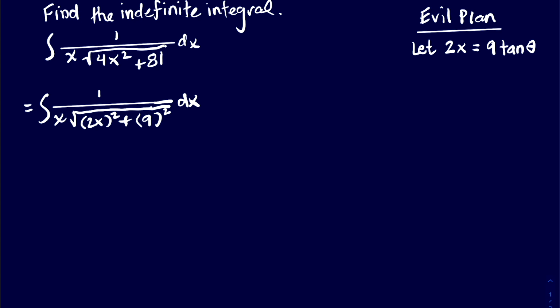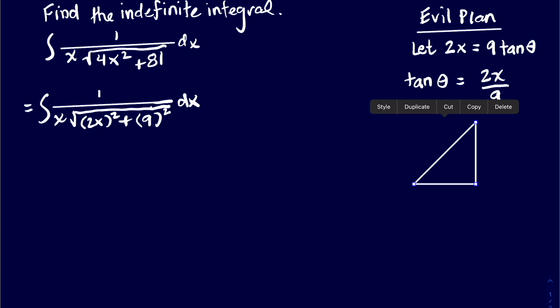So there's a couple things we'll need to do. Making our triangle, do you see that tangent theta is equal to 2x over 9? And using right triangle trig, we would have theta here.